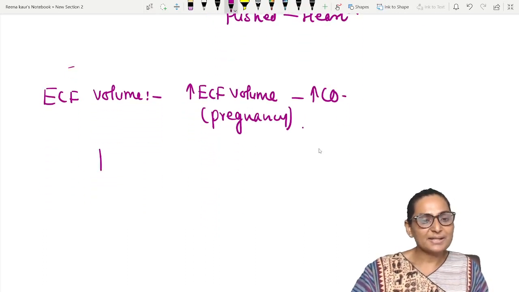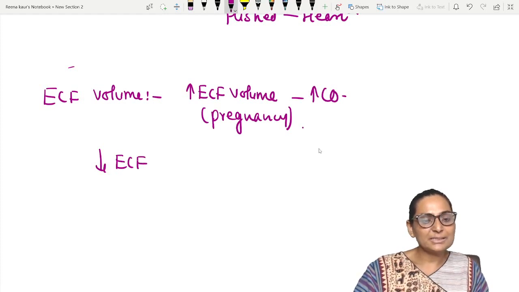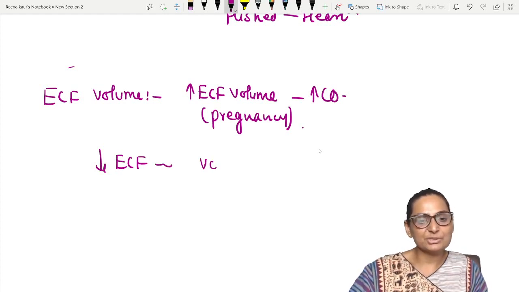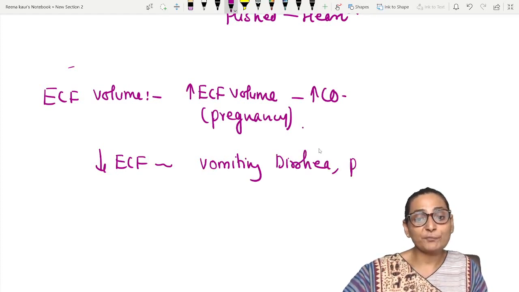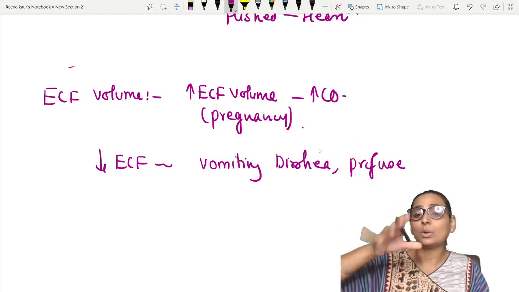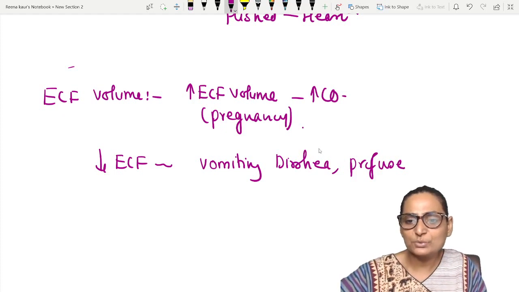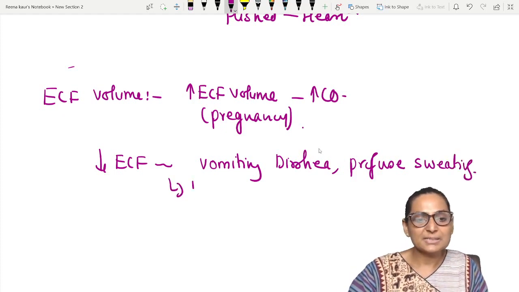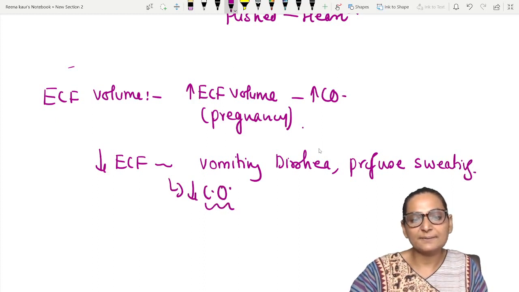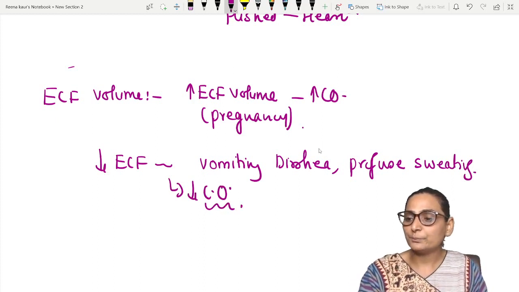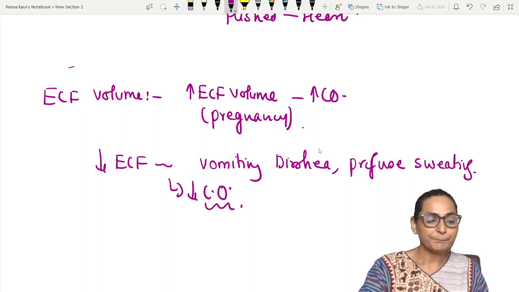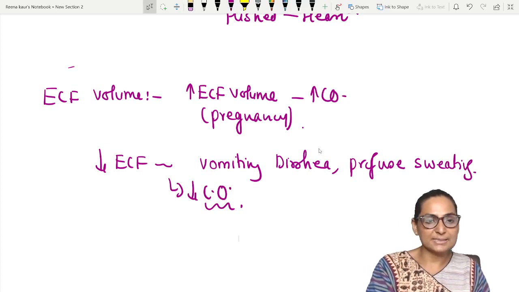Or if there is a decrease in the ECF volume, for example, the patient is having lots of vomiting, diarrhea, or profuse sweating. You are standing in the hot sun, you are exercising, you are not taking water, and you just feel like a fainting attack. This itself can cause a decrease in the cardiac output. So volume affects a lot.